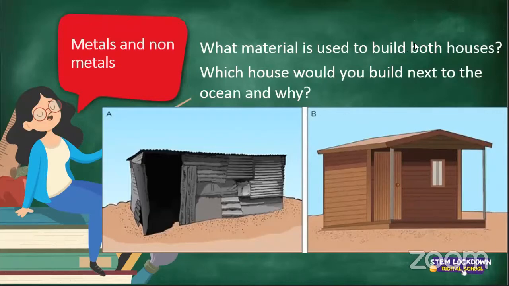Now what materials do you think are used to build these houses? We discussed this. Which house do you think is going to rust near an ocean? Does anybody know? Picture A or picture B? Metal, or steel.